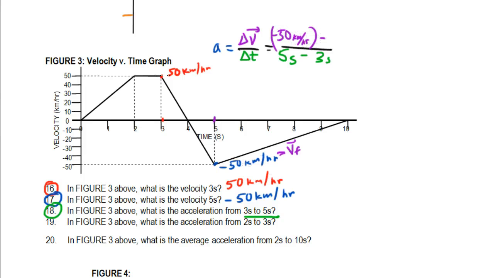My velocity at 3 seconds, this is 3. This is my V initial, it's my starting time. This is positive 50 kilometers per hour.